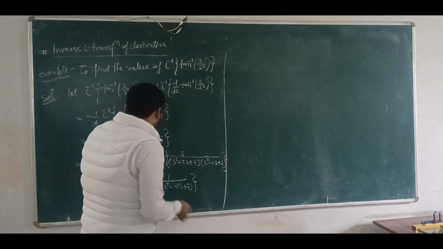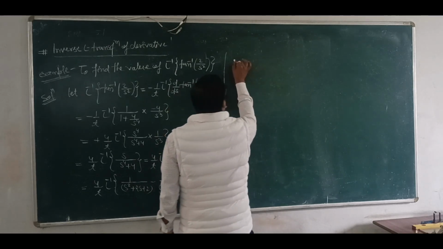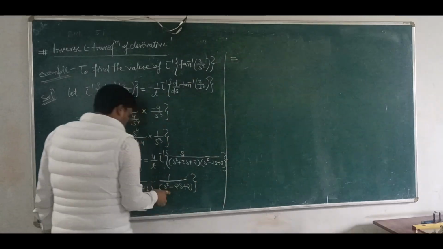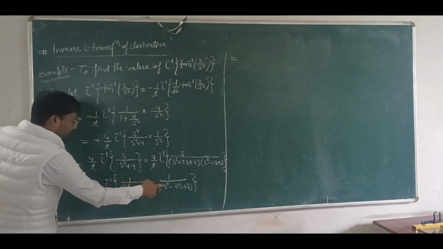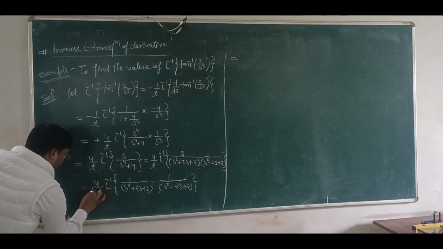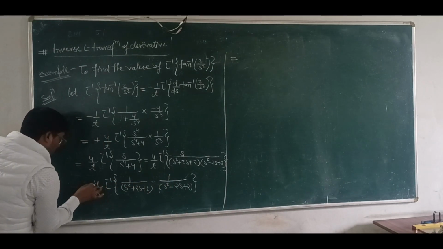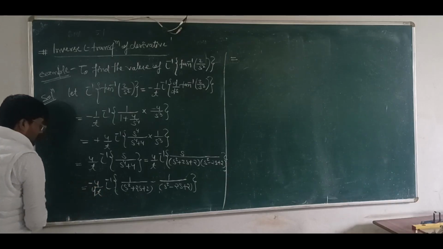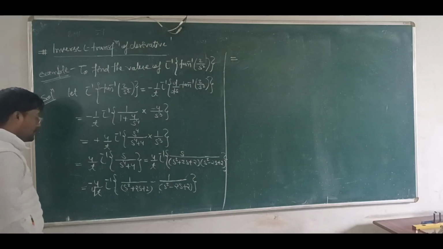Now you put this, then we get 4 times 1 by 4. Now you can multiply 1 by 4. This is minus, now minus, now minus. This is right.